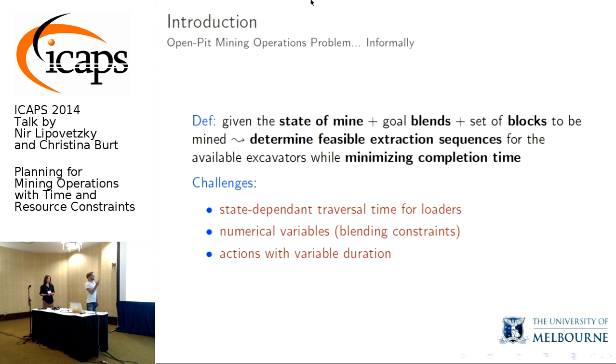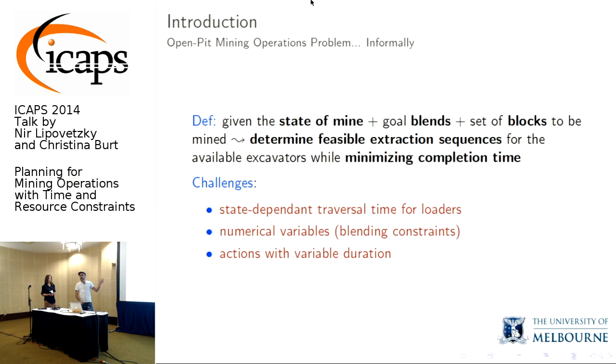So given the state of the mine, which is where the blocks are, the topology, and where the loaders are located, and the set of blocks that have to be mined, the task is to determine a feasible extraction sequence for the available excavators, trying to minimize the completion time. Which are the challenges here? First of all, there are state-dependent traversal times for the loaders because new pathways are created.